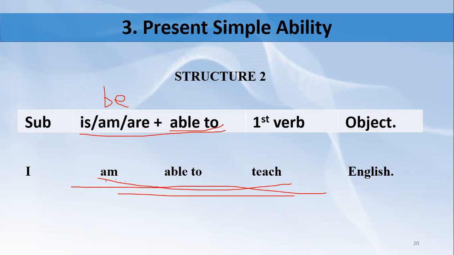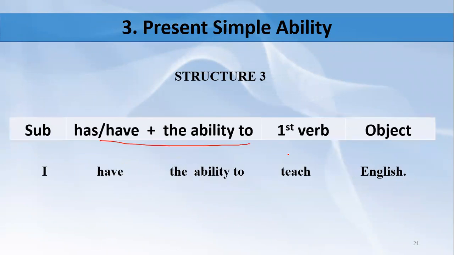Is, am or are according to the subject: he, she, it, or singular noun take is, I takes am, while you, we, they, and plural nouns take are. So we are able to do this, we are able to do that, our ability. Again, the negative structure is we are not able to. The interrogative structure is, are we able to?